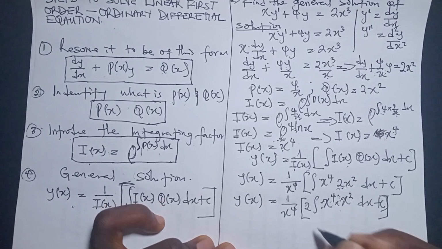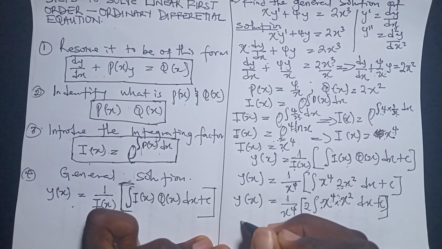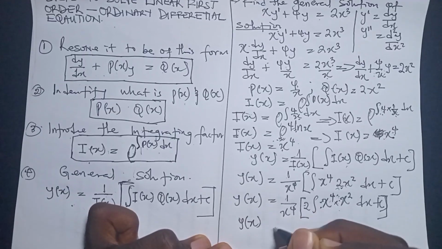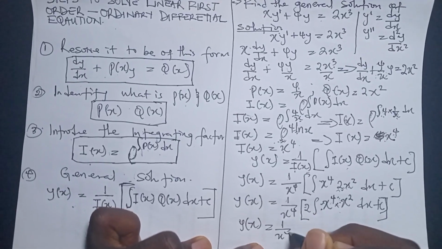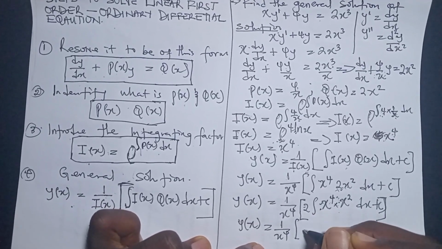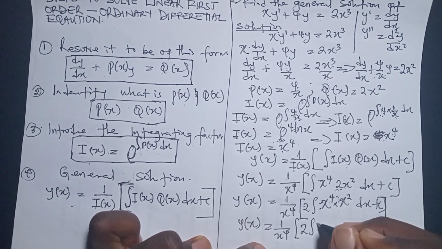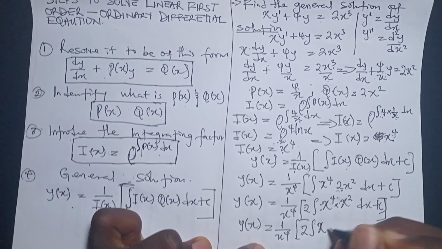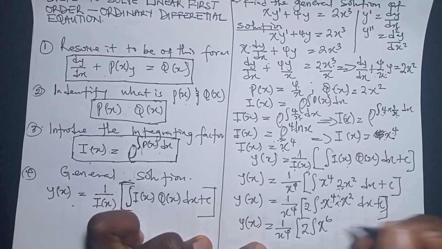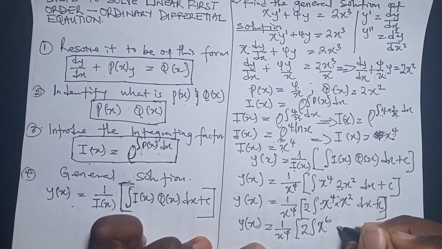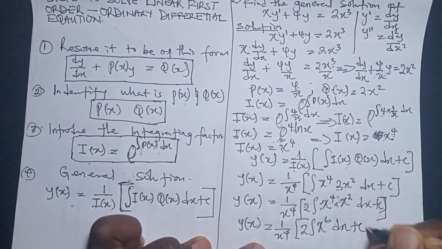So we have y of x to be equals to 1 over x raised to power 4 times integral of x raised to power 6 dx plus c.